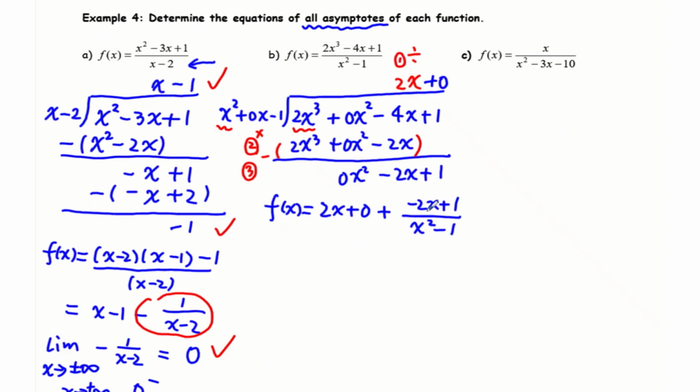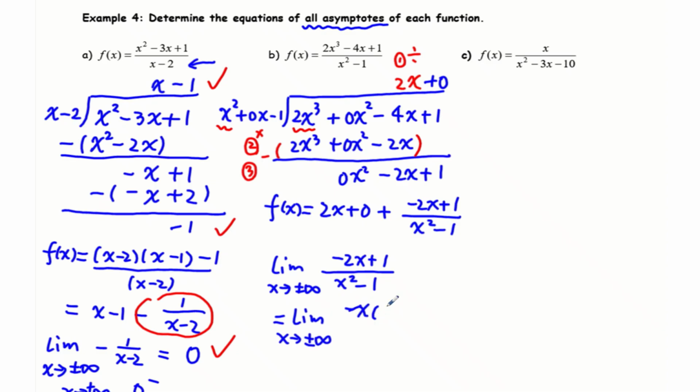And from here we could write the limit of the remainder, negative 2x plus 1 over x squared minus 1. So this is, factor the highest degree out. x times negative 2 plus 1 over x, highest degree x squared, 1 minus 1 over x squared, then x squared cancel out.